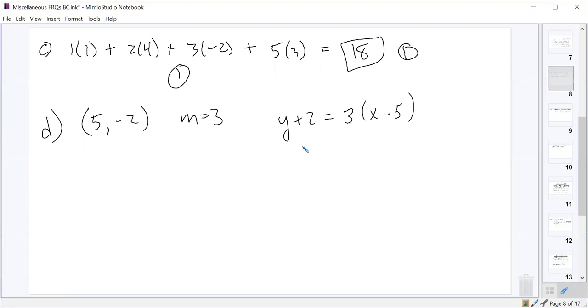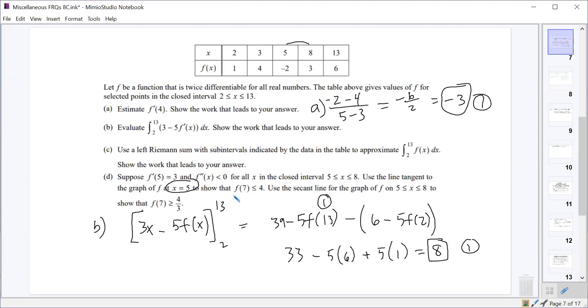Y equals negative 2 plus 3 times x minus 5, or if you want to simplify it all the way, what is that, 3x minus 17, it looks like. Any of those are fine. This is the one they put on their answer key, but like I said, any of them are fine.